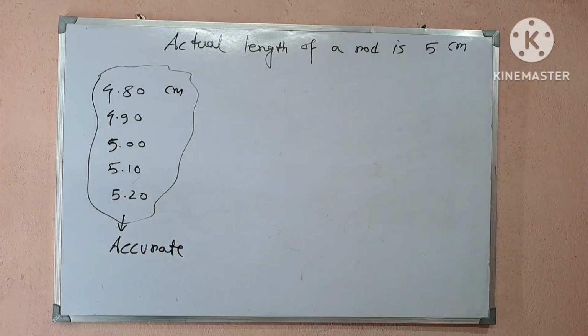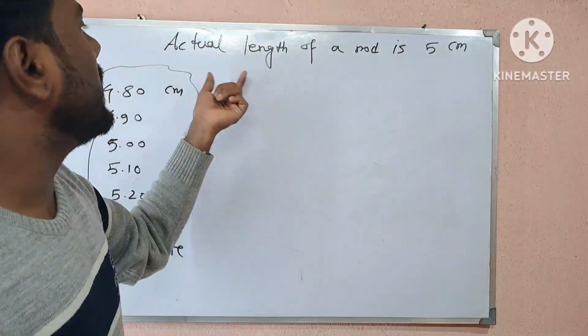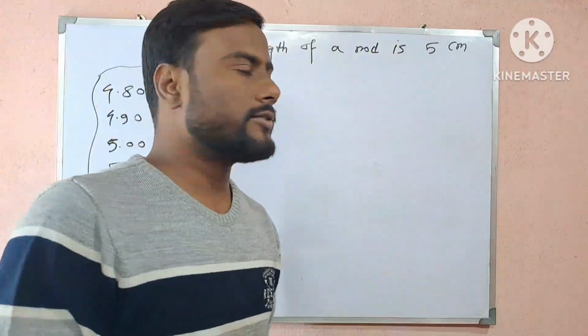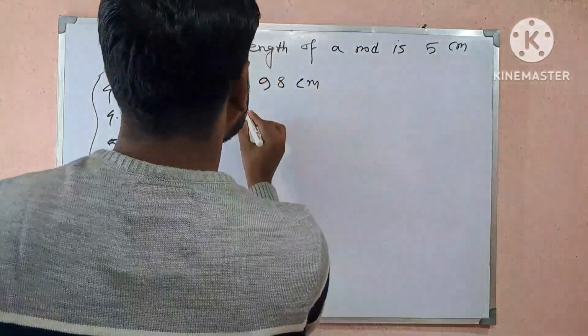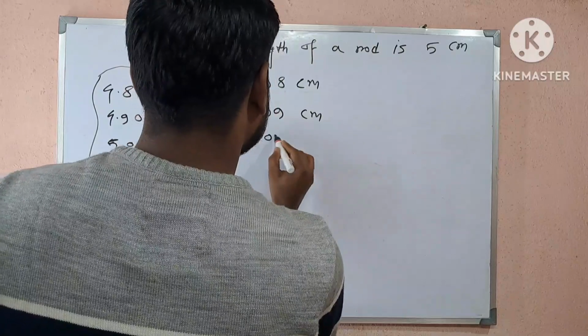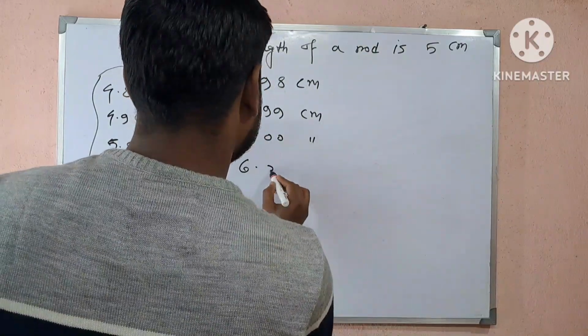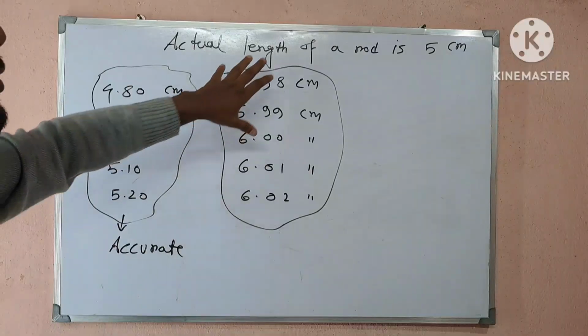Now what about precise? Consider another group of students measured the length of the same rod and their readings are respectively 5.98 centimeter, 5.99 centimeter, 6 centimeter, 6.01 centimeter, 6.02 centimeters. Now look at these readings.